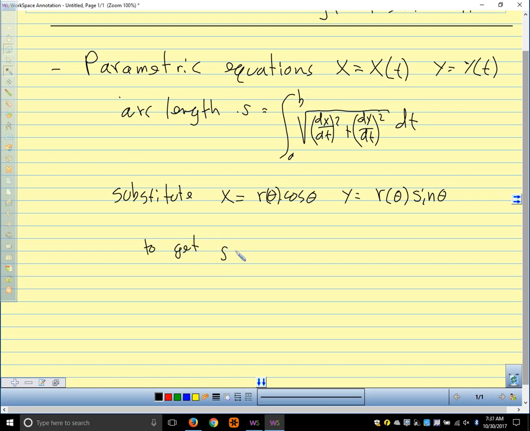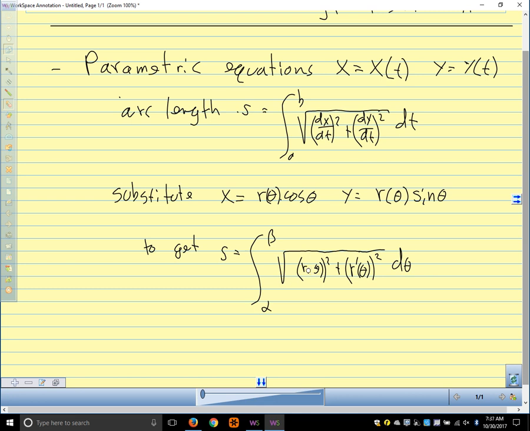Our arc length is the integral from alpha to beta of the square root of r of theta squared plus r prime of theta squared d theta.